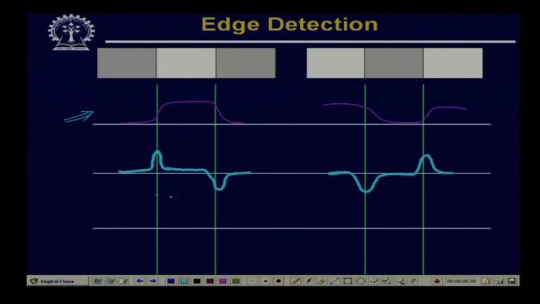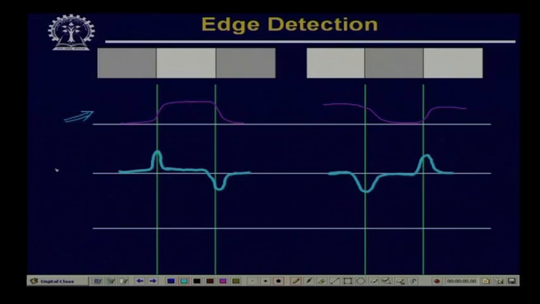You find that the first derivative responds whenever there is a discontinuity in intensity levels, that is, whenever there is a transition from a brighter intensity to a darker intensity, or from a darker intensity to a brighter intensity. So, this is what we get by the first derivative.